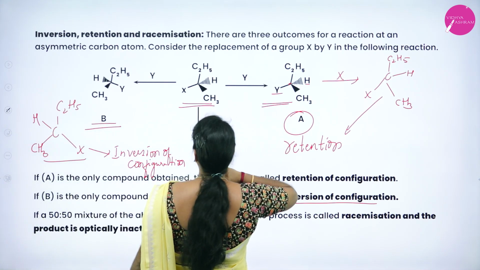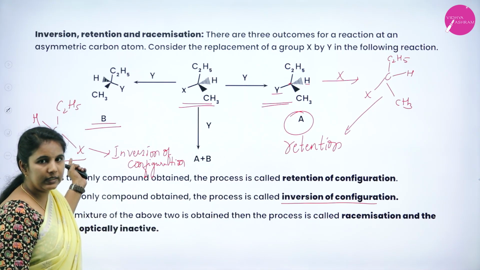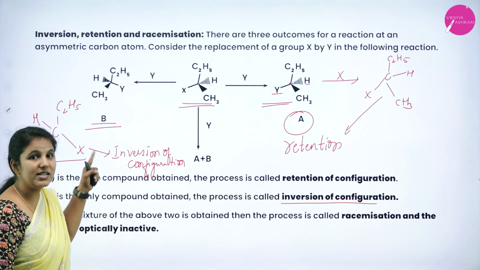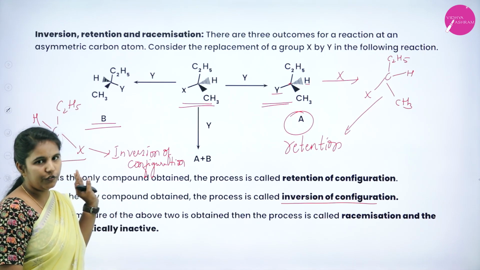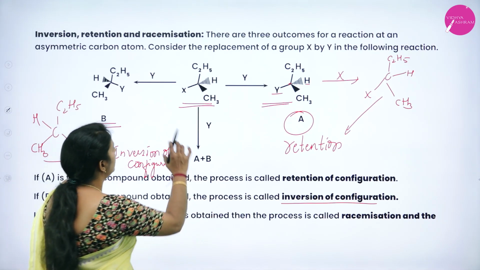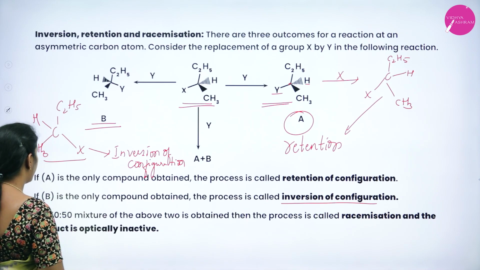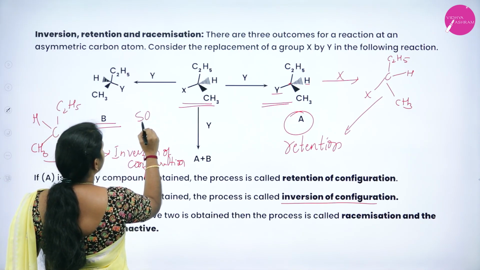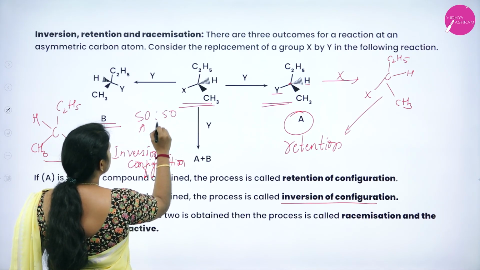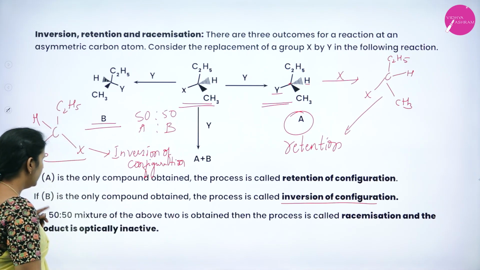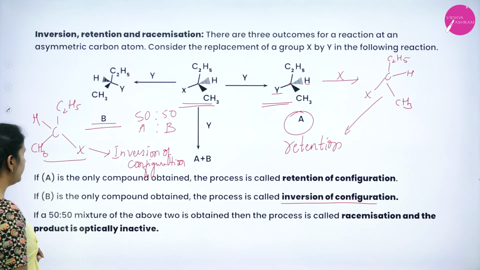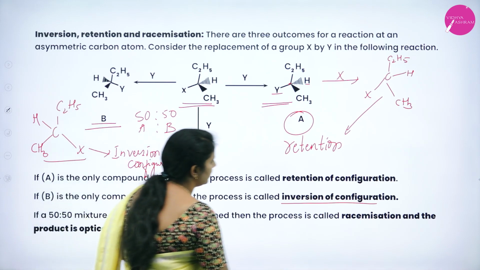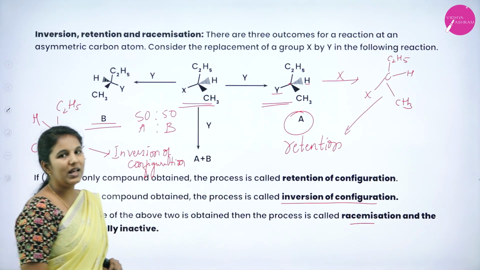Now if you see the retention of configuration and the inversion of configuration, just imagine this is my reactant, and if you see the product after that reaction, it is completely inverted. Hence it is known as what? Inversion of configuration. Coming to the middle one, that is product B. If you take 50% of A and 50% of B, if a 50-50 mixture of the above two is obtained, then the process of mixing these two is also known as what?